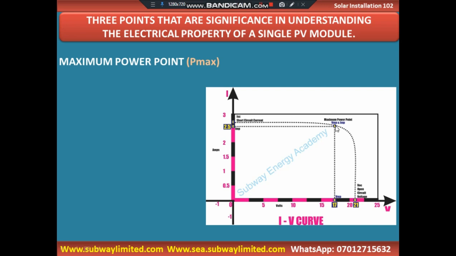produce. If you turn to the nameplate of any solar panel, you see that the solar panel is rated in watts. And we know that power is always equal to IV. So your maximum power point is always the point at which your solar panel will produce the highest power if the solar panel is subjected to the standard test condition that we talked about before.